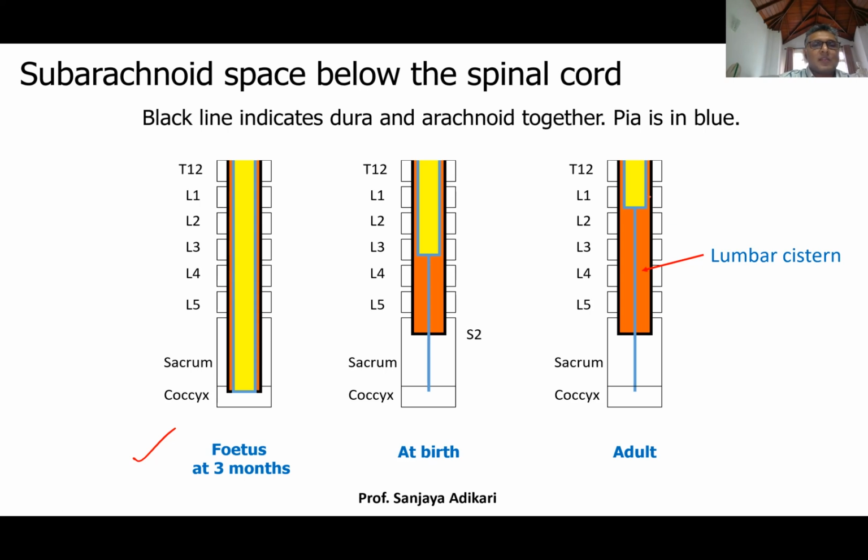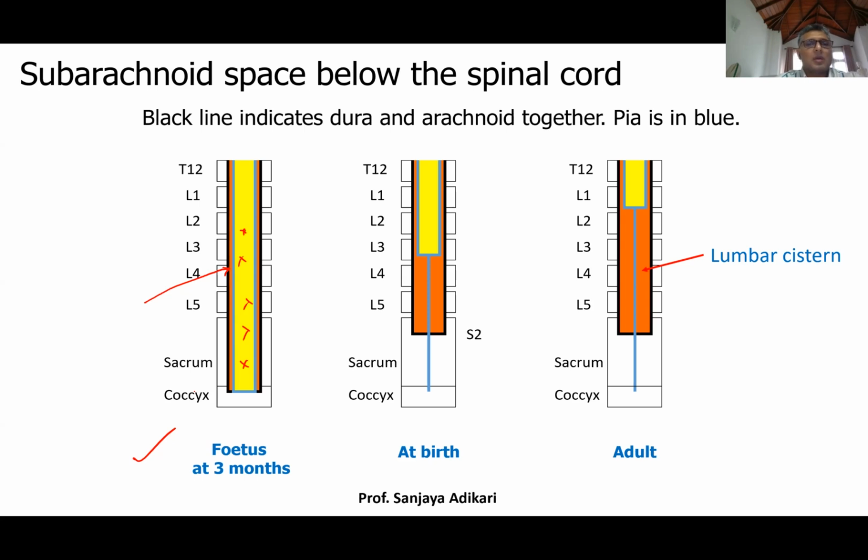Now, if you look at the fetus at the 3rd month, the subarachnoid space, the orange colored area you can see here, is a very small space, limited only to the gap between the pia mater and the arachnoid mater. The whole vertebral canal is filled with the spinal cord, shown in yellow here.